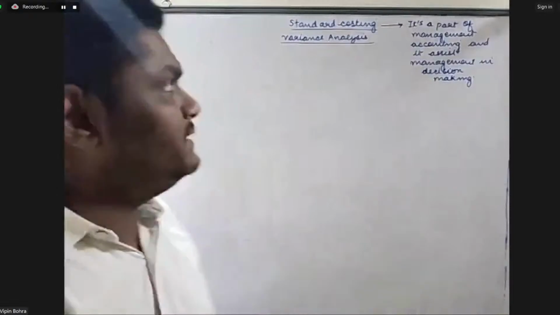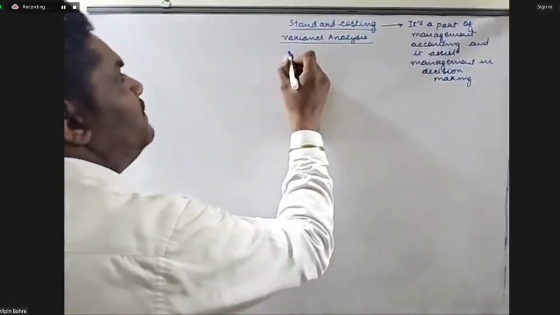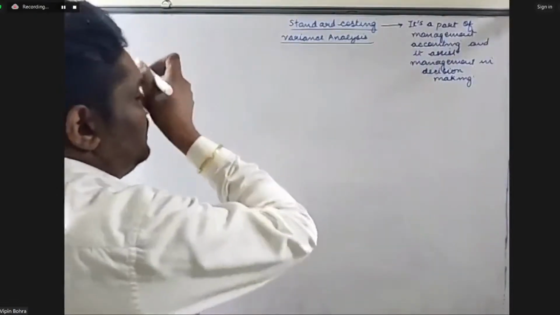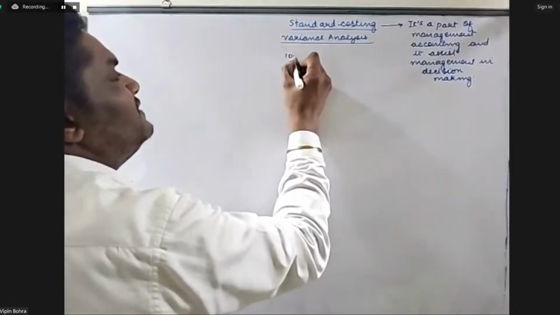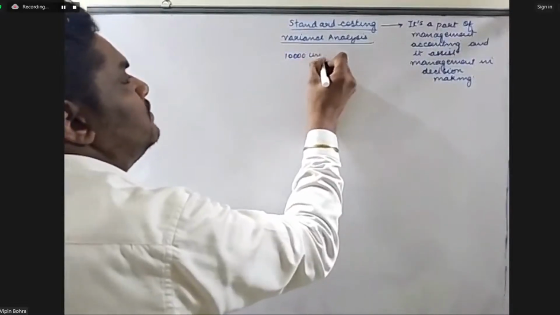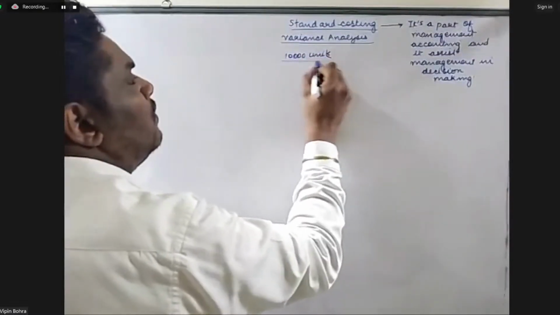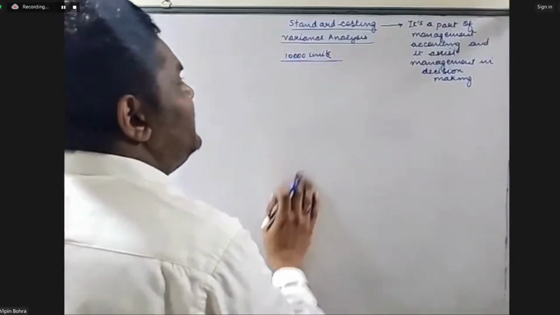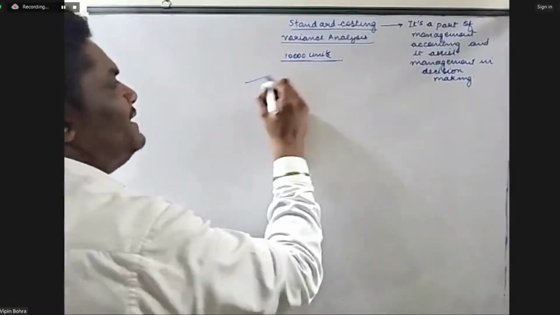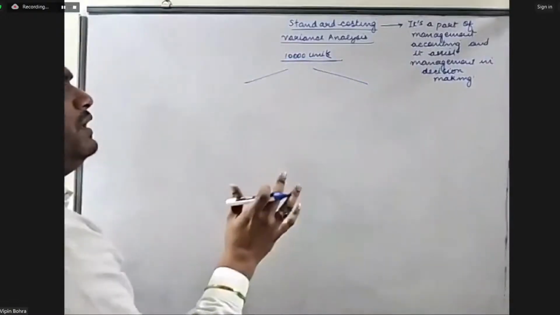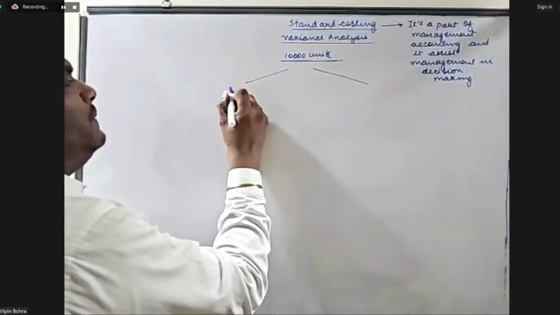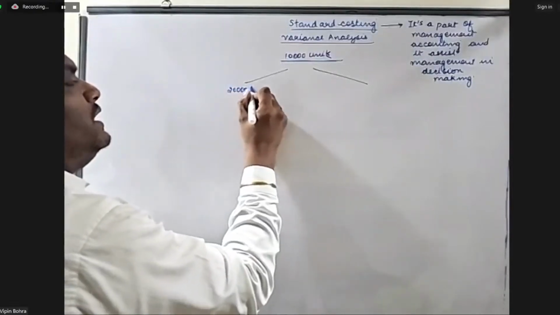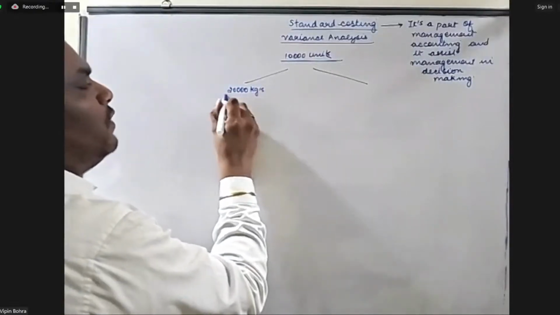Let me discuss this concept with the help of an example. Let's say I'm manufacturing 10,000 units. I have set up a benchmark or target that these 10,000 units will be manufactured using 20,000 kgs of raw material.